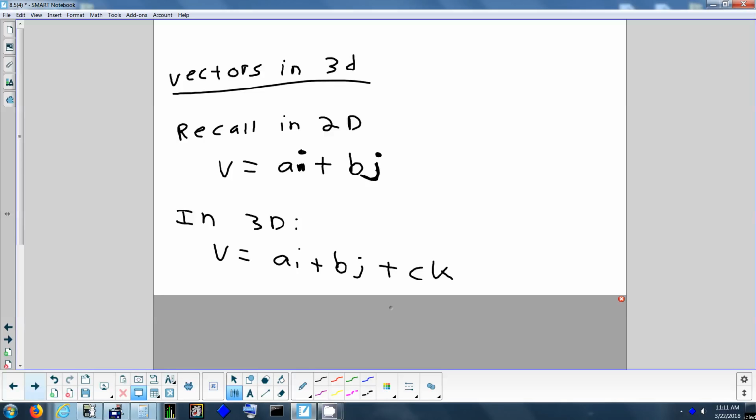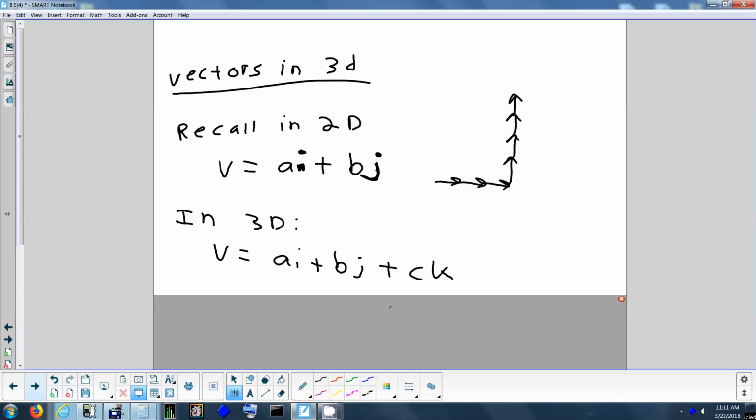I showed you an example kind of like this, where we stacked a bunch of them together. People remember doing that one? We stack them together. That's how we build unit vector notation. Well, now you're stacking them in 3D. So maybe you'd go over, up, and then out towards you a certain amount.